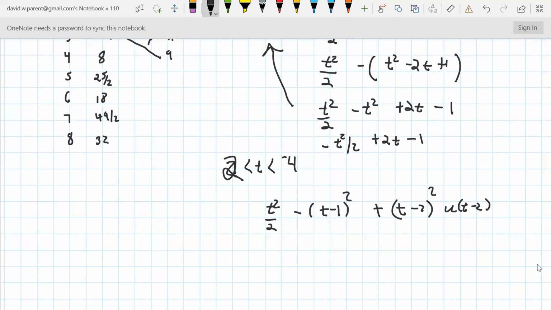But again, where we are, this step function is just 1. And so I get t squared divided by 2 minus t squared plus 2t minus 1. And here I get t squared minus 4t plus 4.